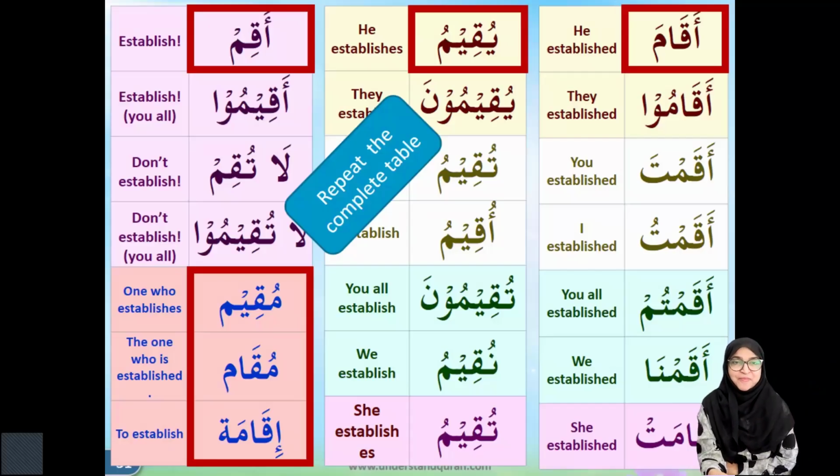Establish: aqim. You all establish: aqimu. Don't establish: la tuqim. You all don't establish: la tuqimu. MashaAllah. Now the participles. One who establishes: muqim. The one who is established: muqam. And to establish: iqama.